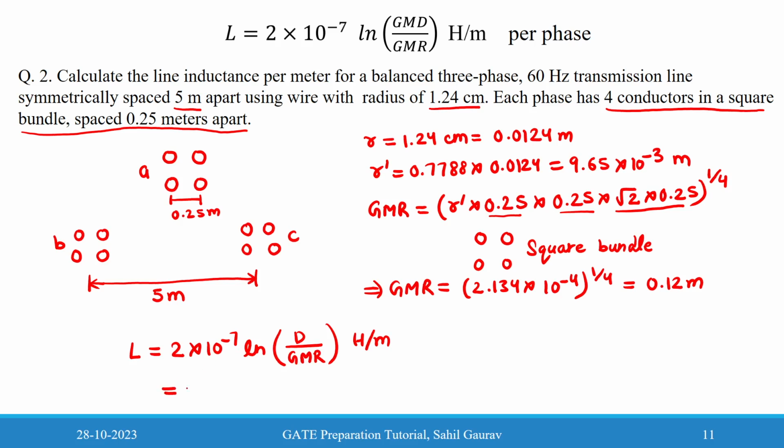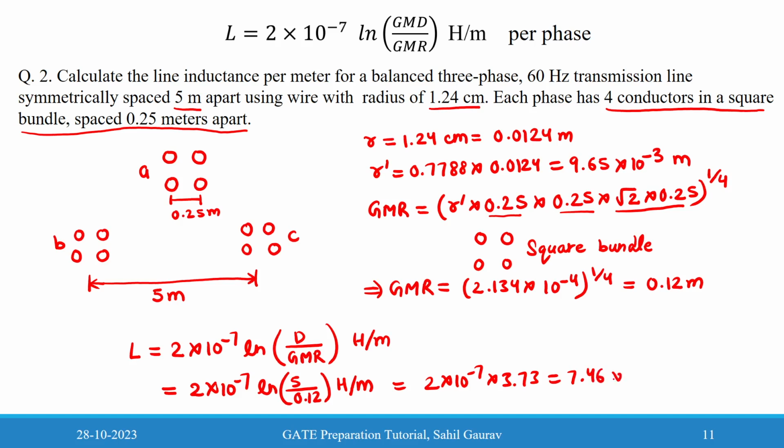So this is 2 into 10 to the power minus 7 ln of 5 by 0.12 Henry per meter. This will be 2 into 10 to the power minus 7 into 3.73, that will come up as 7.46 into 10 to the power minus 7 Henry per meter. Answer.